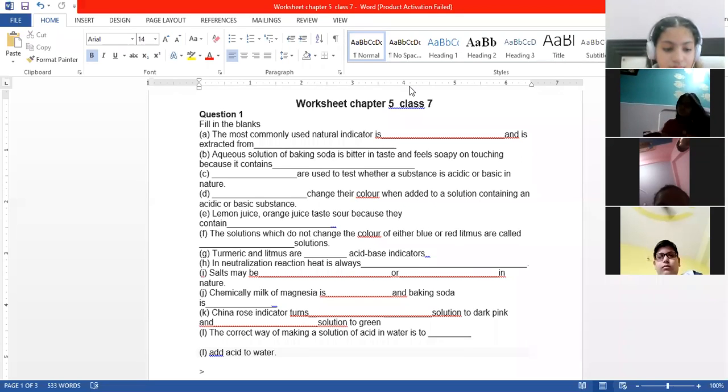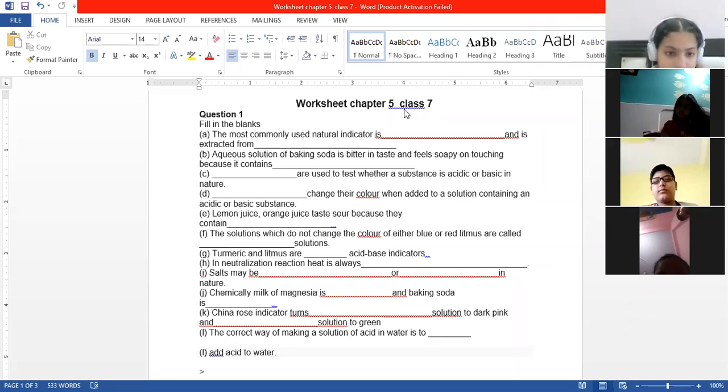Vedika has given the answer. Okay, Vansh Sharma. Ma'am, heat is always absorbed. No, beta, heat is always produced. You can write down the answer: heat is always produced in the neutralization reaction.